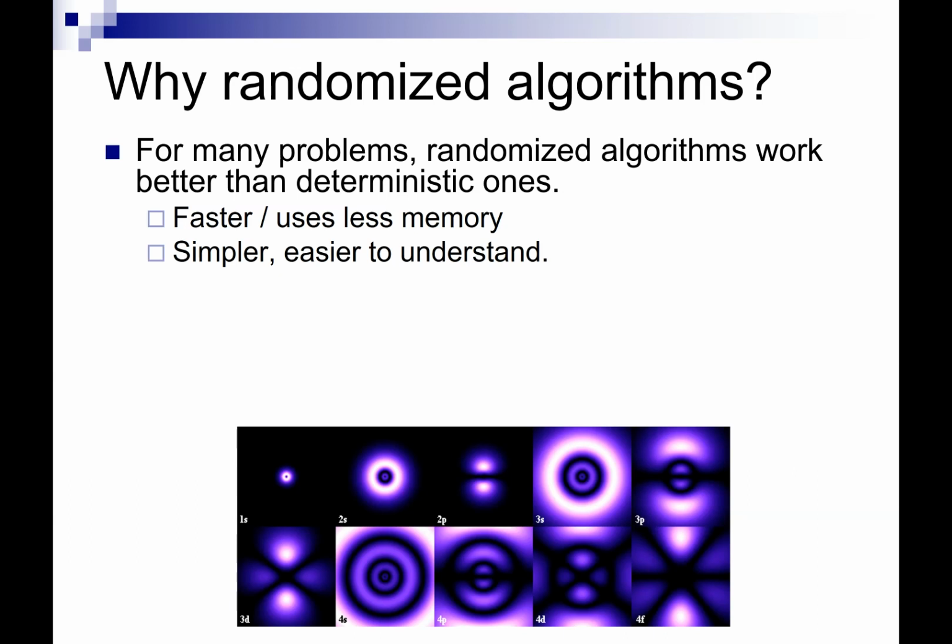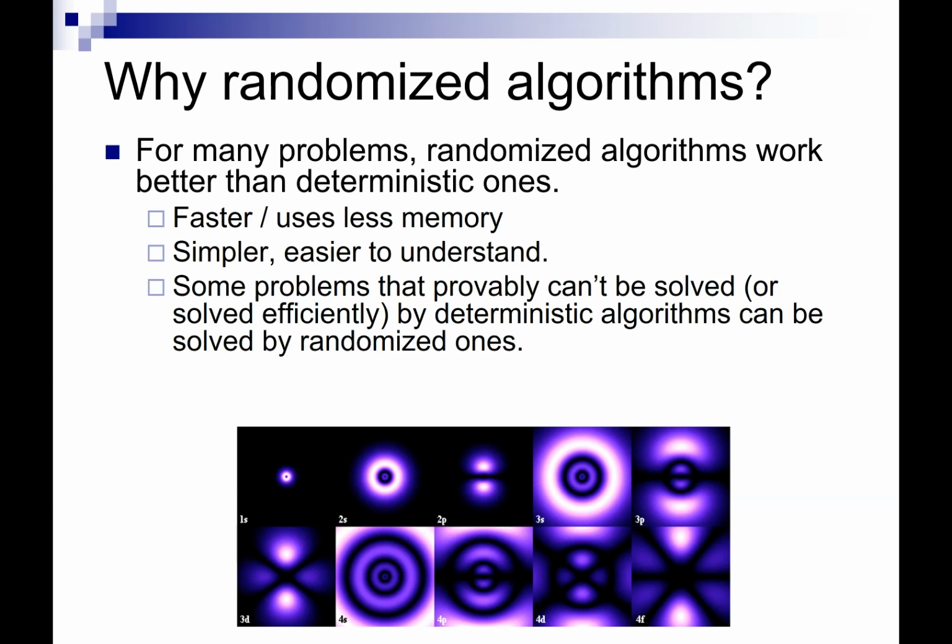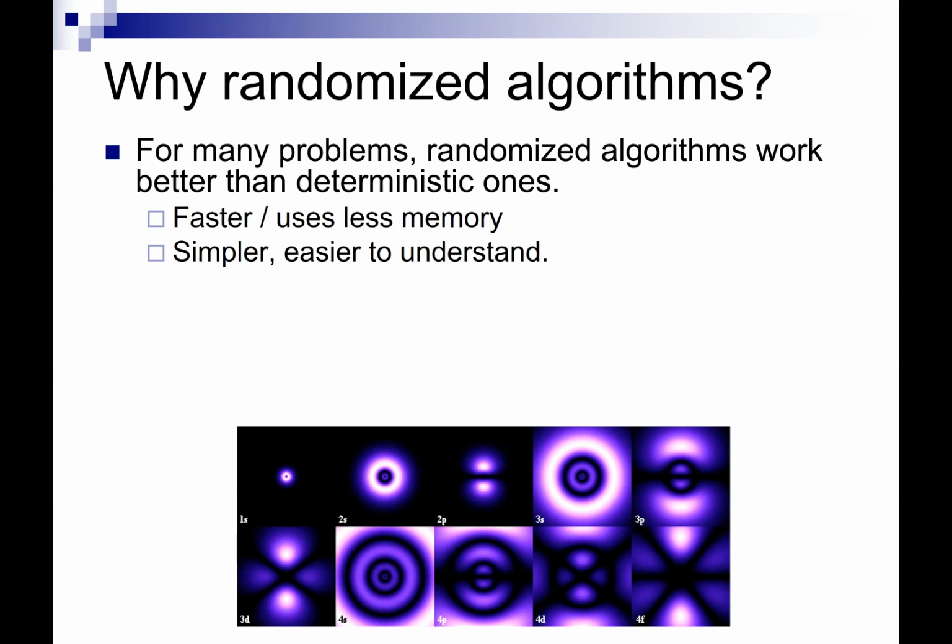Randomized algorithms are often quite simple to explain. You might have a very complicated deterministic algorithm to solve a problem, but a randomized algorithm for the same problem is sometimes much simpler and easier to understand. That doesn't mean it's necessarily easy to prove the algorithm works correctly, but simply stating the algorithm is often much easier for randomized algorithms than deterministic ones.